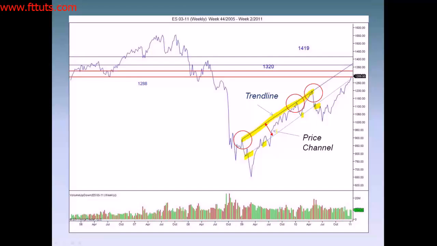Price is trapped between 2 trend lines, one at the top and one at the bottom. So in a way, we have a channel that gives us support using the lower line and resistance at the top. So we watch price and see what happens.